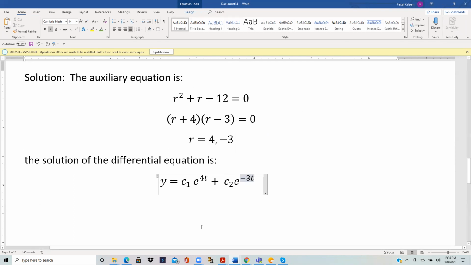And now this is the end as far as this particular problem is concerned. Sometimes initial conditions are given to us, and then we have information to evaluate c1 and c2.